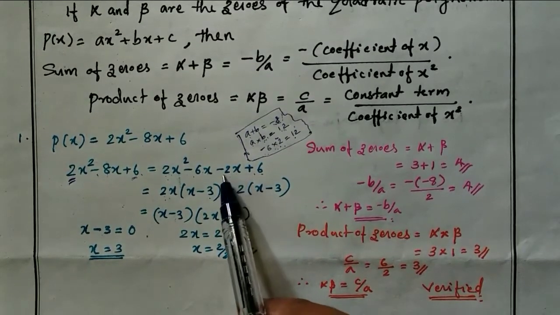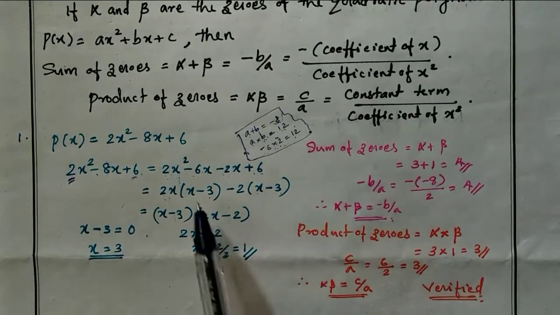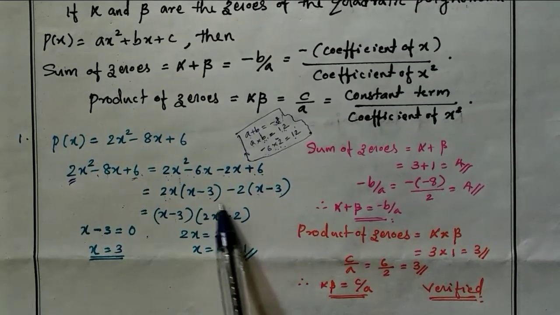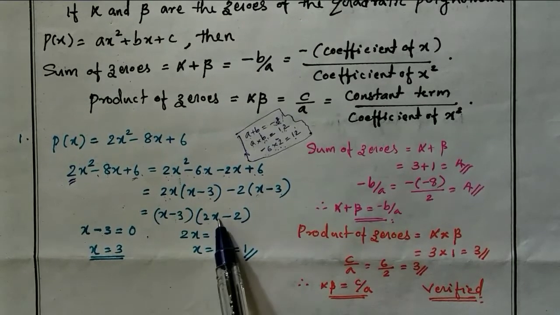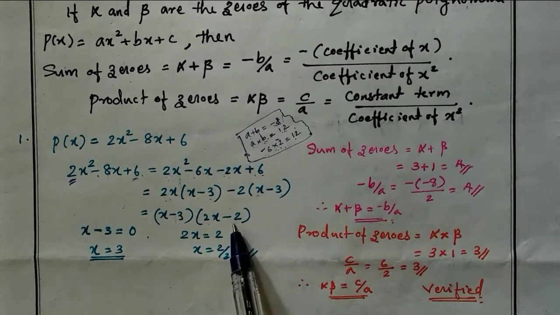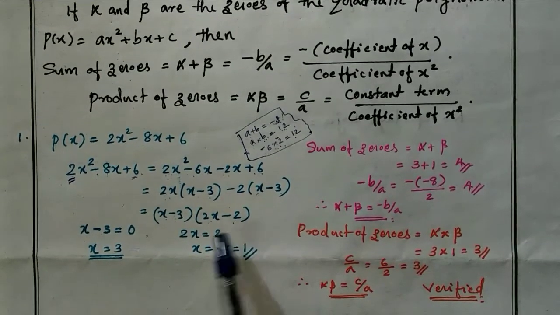And here take minus 2 outside, and here also x minus 3. So again, x minus 3 is the common factor, take it outside, into 2x in the balance and minus 2 as the other number. So x minus 3 into 2x minus 2 equating to 0.